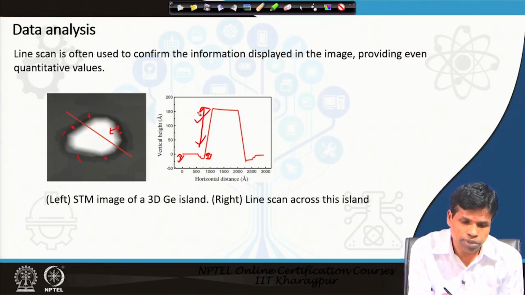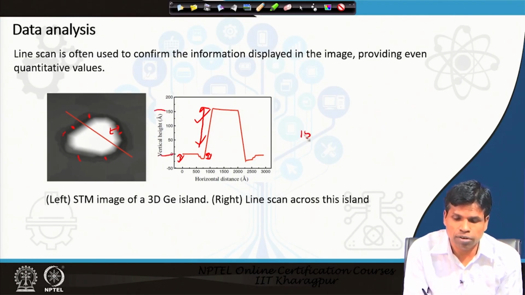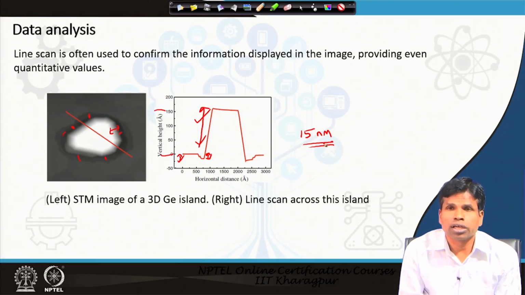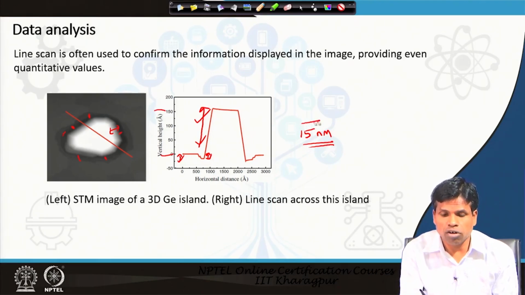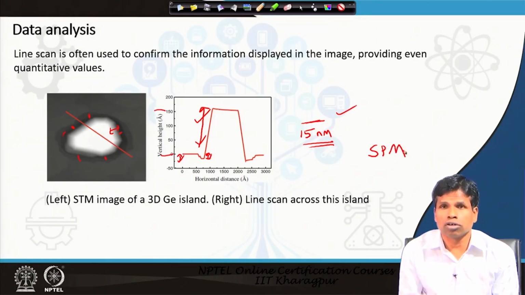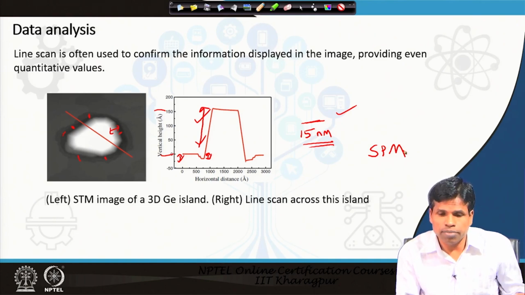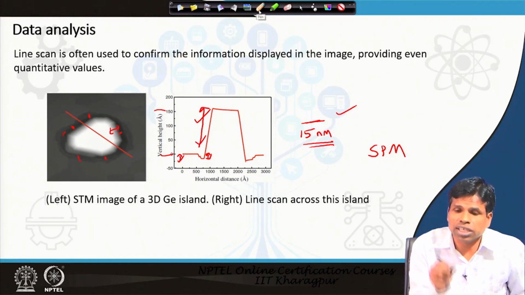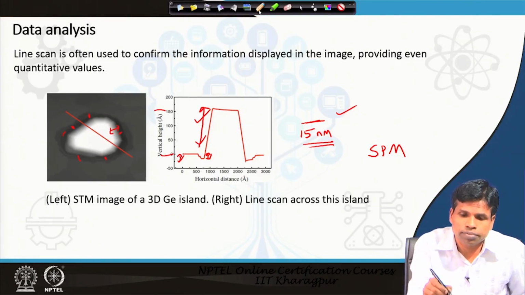In this particular case, the height is around 0 to 150 angstrom, that is 15 nanometer. This quantitative value can only be achieved by the scanning probe technique, but not by the other techniques that we have discussed, scanning electron microscope or scanning ion microscope, though they also give a 3-dimensional image. Quantitative information about the z direction or height direction was not measured by other microscopic techniques.